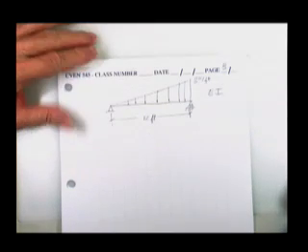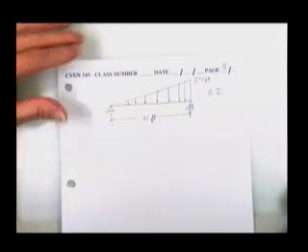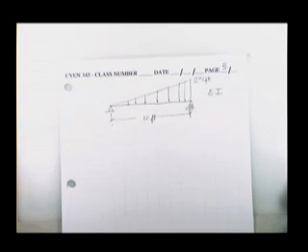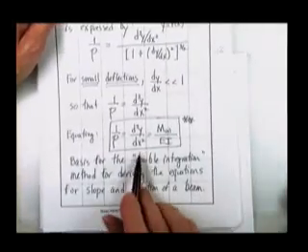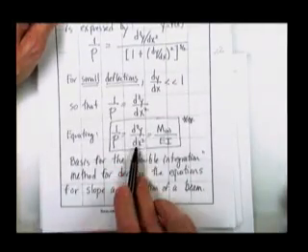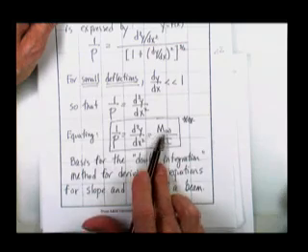Take your choice. But for right now, I'm just going to say it's EI. Controlling equation. d squared y dx squared is equal to M over EI.